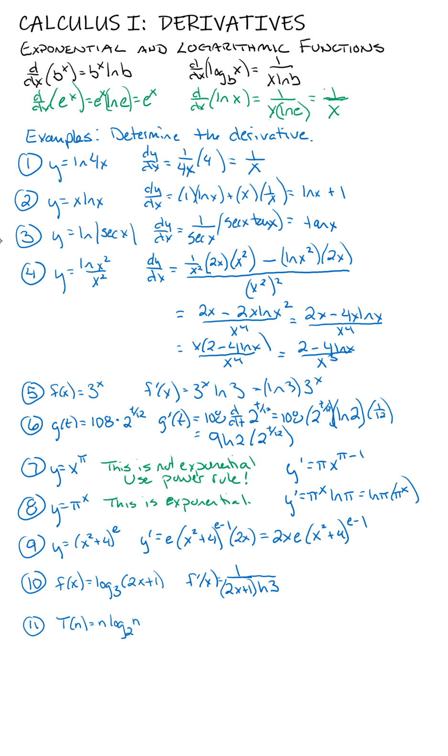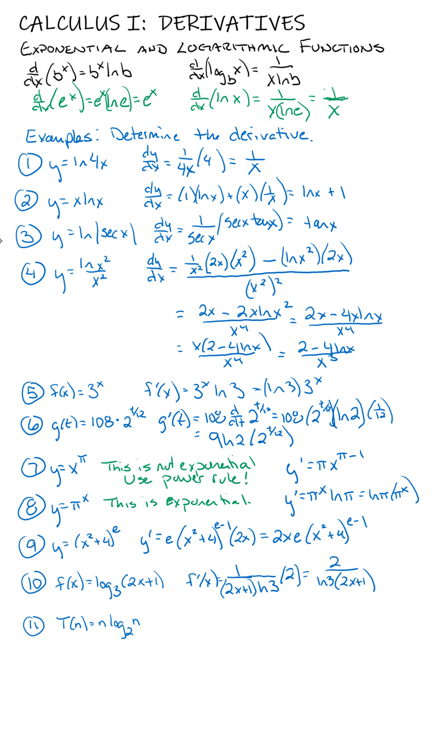Now the chain rule says we also need to take the derivative of that inside bit. The inside bit here is 2x plus 1. The derivative of that is simply 2. So we can simply rewrite this as 2 over the natural log of 3 times 2x plus 1.